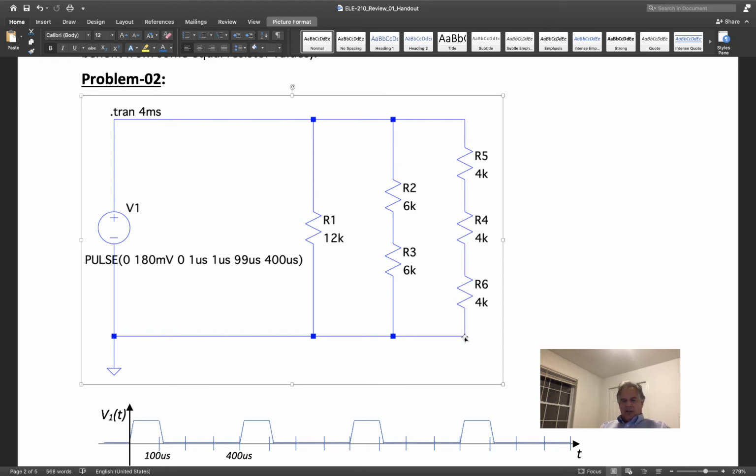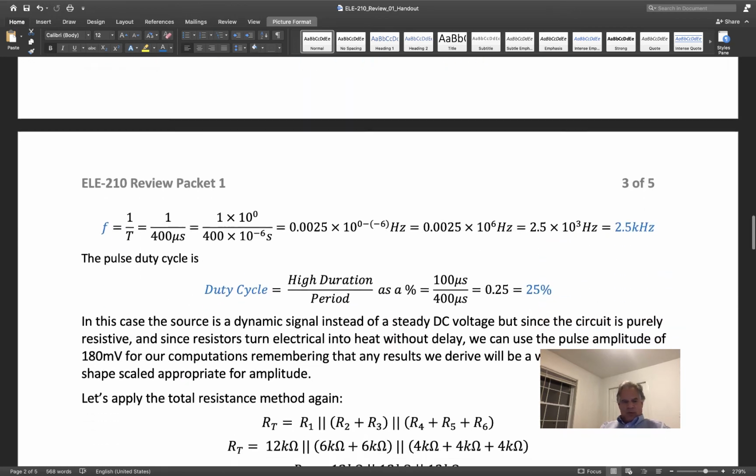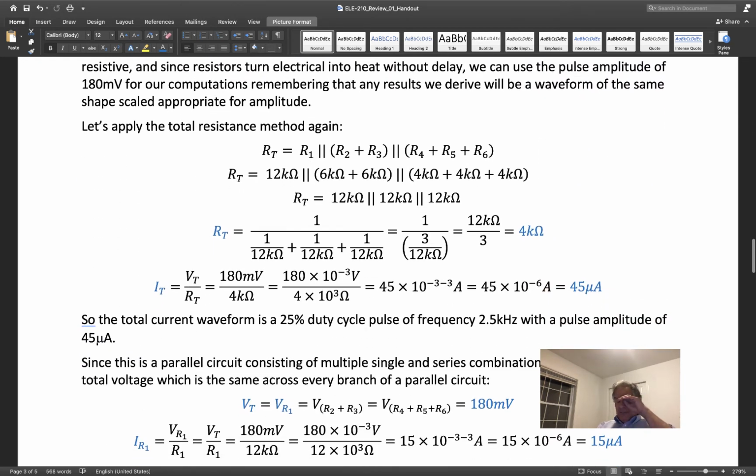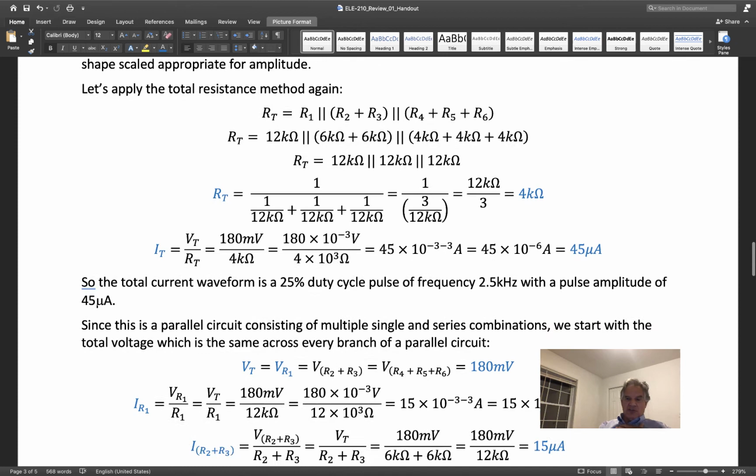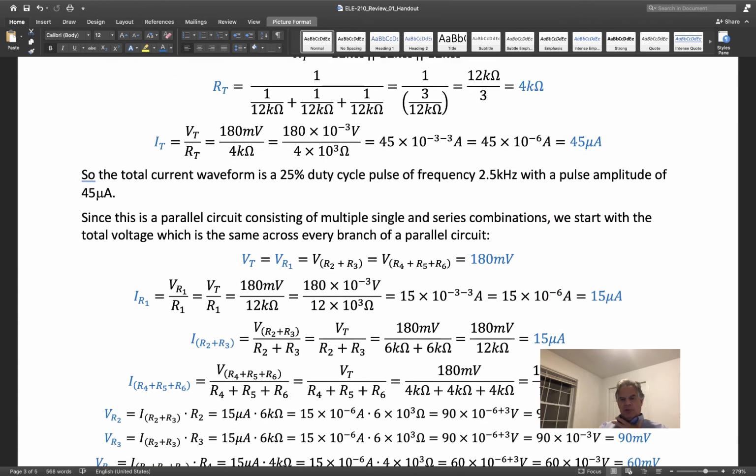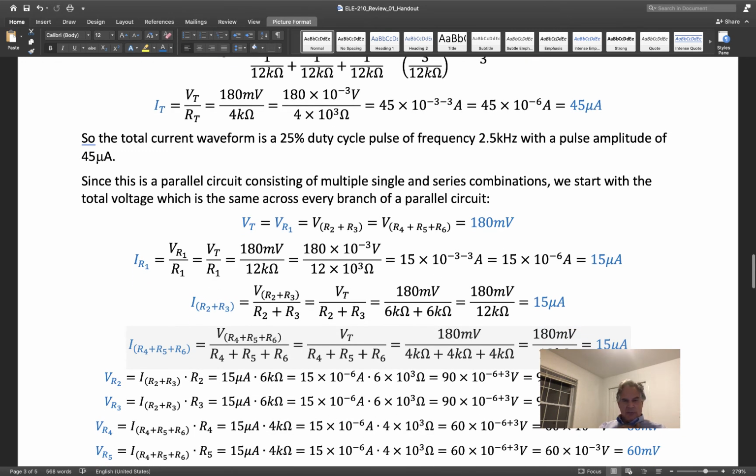There is 180 millivolts. Well, 180 millivolt pulse, but we can just treat it like a DC voltage while we're computing, and then when we give the answer, we just say, remember it's a 25% duty cycle, 2.5 kilohertz pulse train.